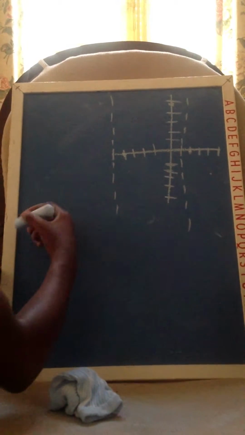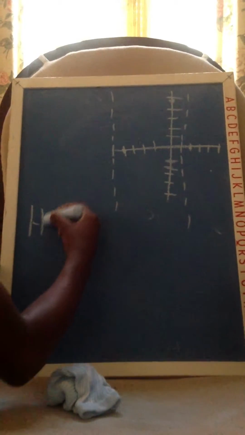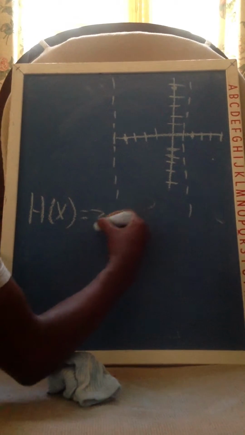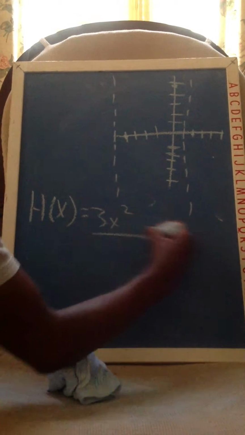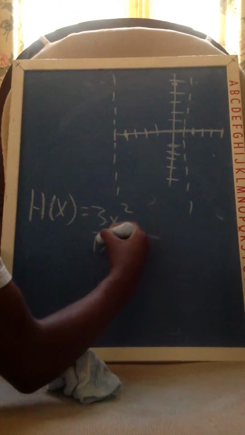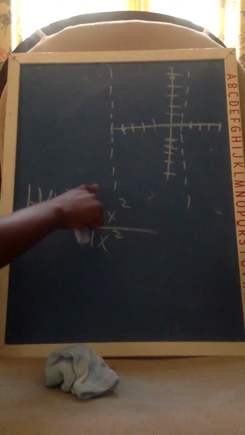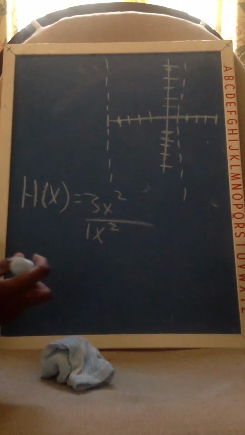So now we have to find the horizontal asymptote. To find the horizontal asymptote, you have to look at the degrees of the polynomials in the numerator and the denominator. This would be the unfactored form from the original equation, 3x squared and 1x squared. These are the first terms of both the numerator and denominator.